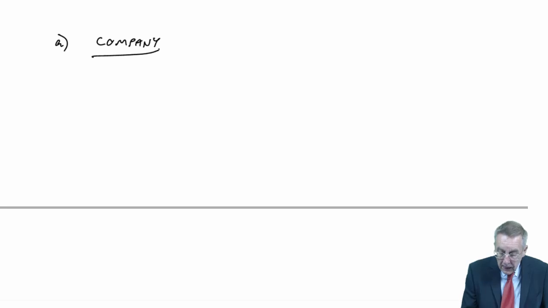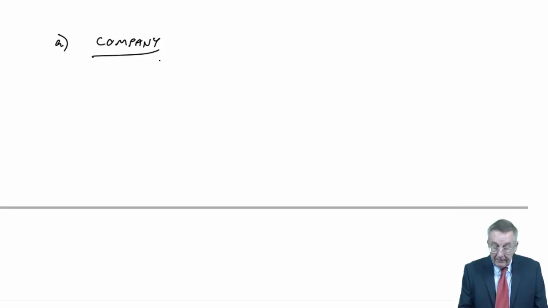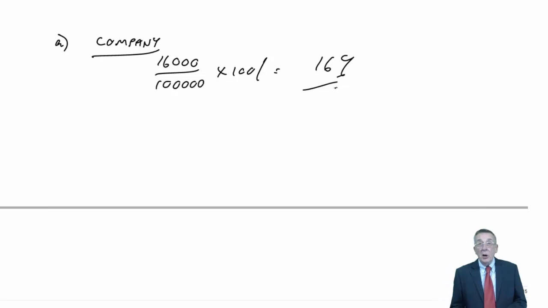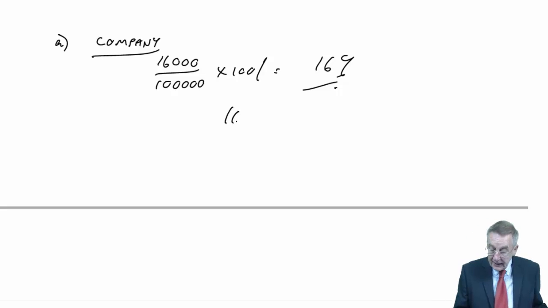And like before, first of all, does the company want it? Well, the investment is giving a profit of 16,000 on 100. It's giving 16%, and remember, the company as a whole is happy with any investments giving more than the target of 15. 16 is more than 15. The company wants it.